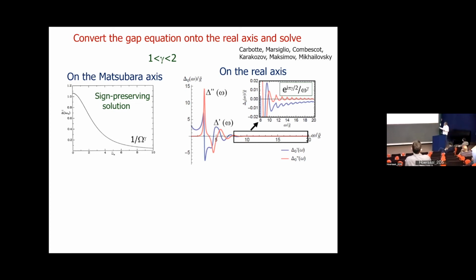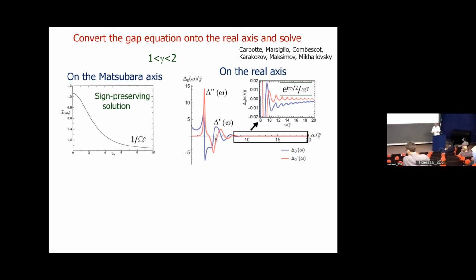The gap function starts oscillating on the real axis. Both the real part of the gap and the imaginary part of the gap are oscillating out of phase. And you can say, well, by itself, oscillation is not a big deal. You can see what happens, for example, here. The imaginary part oscillates, and the real part is almost just a regular function. It's not a big deal.